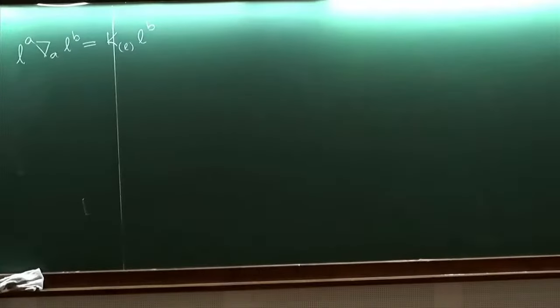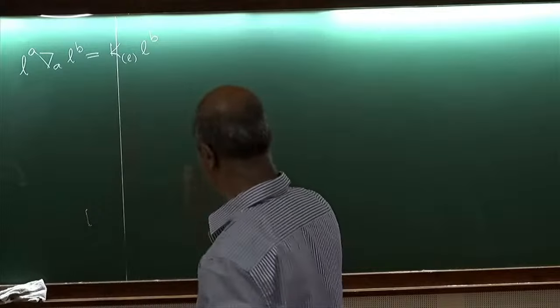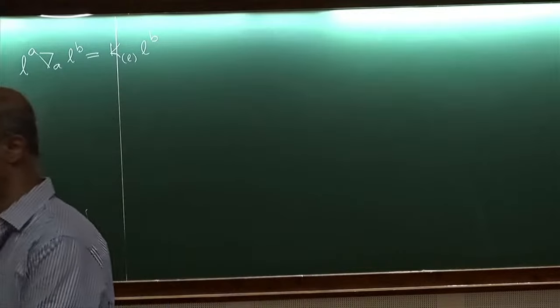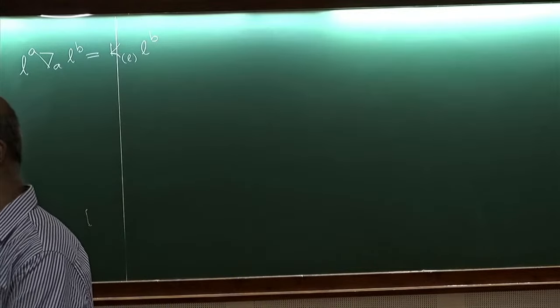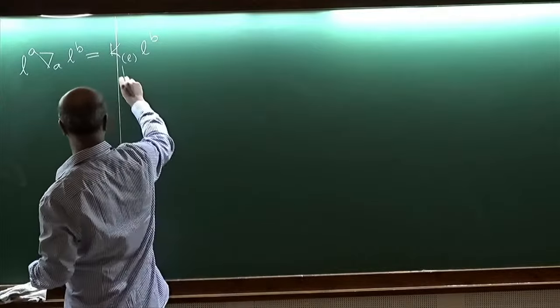For any null vector field, which is null and surface orthogonal, or twist free if you wish, it has to be geodesic. Okay? And this kappa is the surface gravity of the black hole.